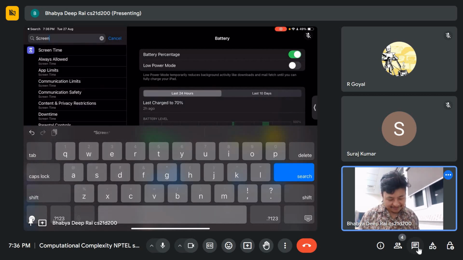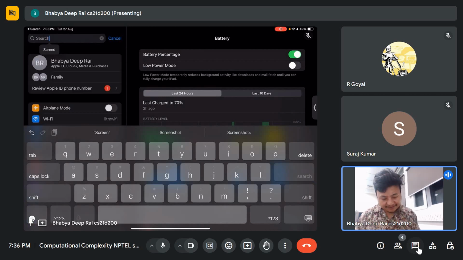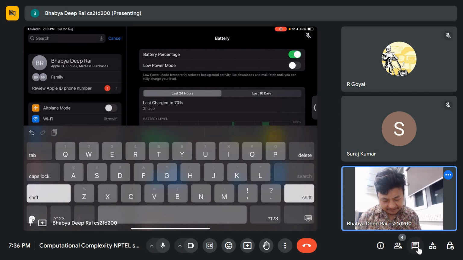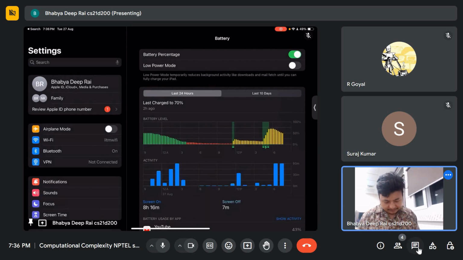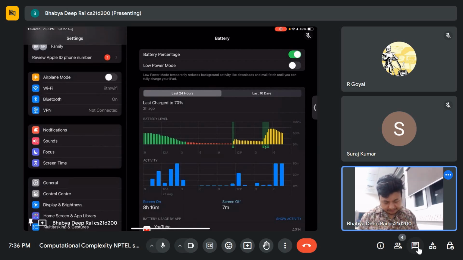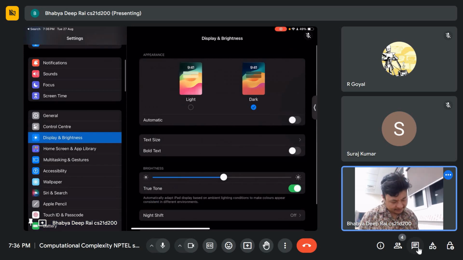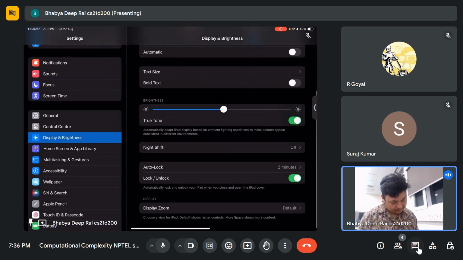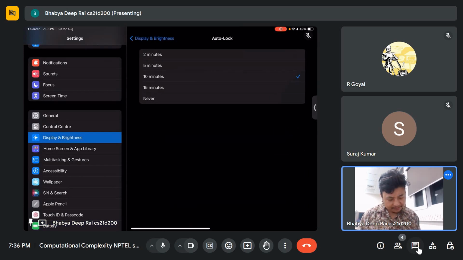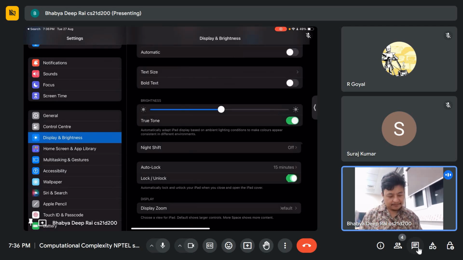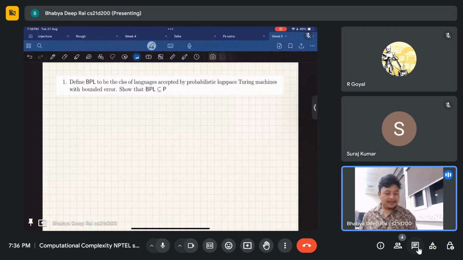What is it called? I think since I turned off the low power mode, it will be fine. Display and brightness. Auto lock, I'll keep it to 15 minutes. Okay.